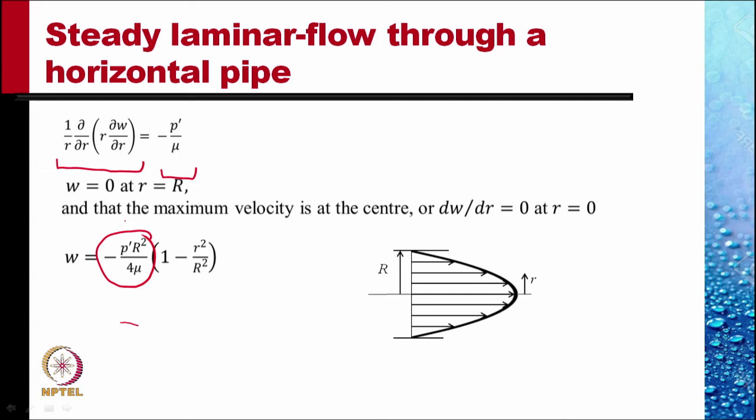And V average is 1/2 of this. The average velocity in the z direction is minus p prime R square by 8 mu. The minus sign because p prime has to be negative for the flow to take place towards the right.